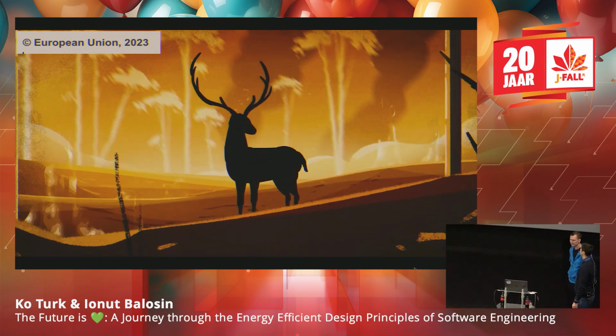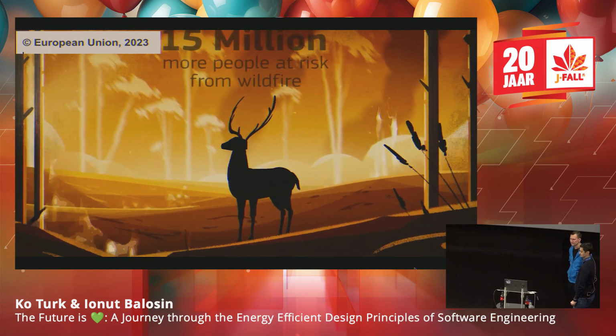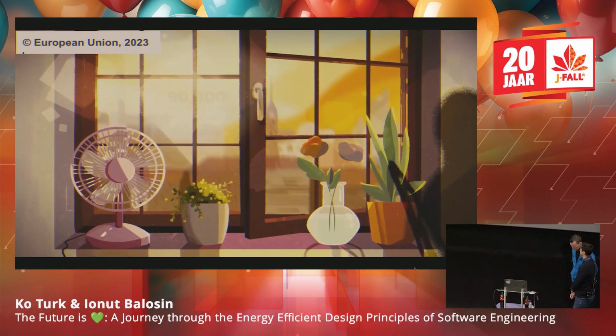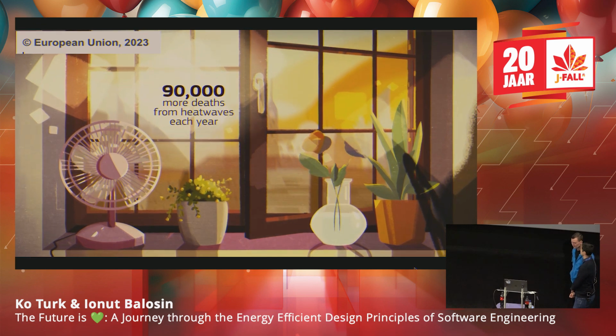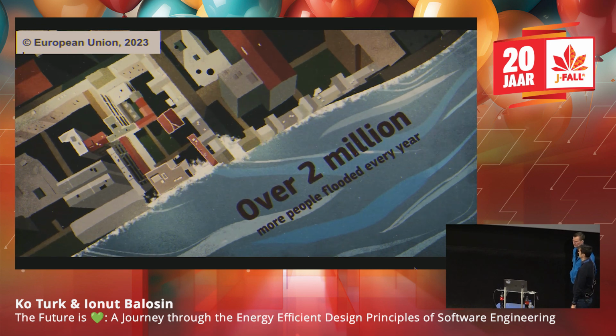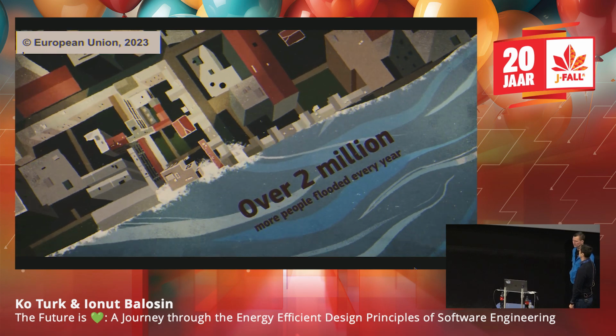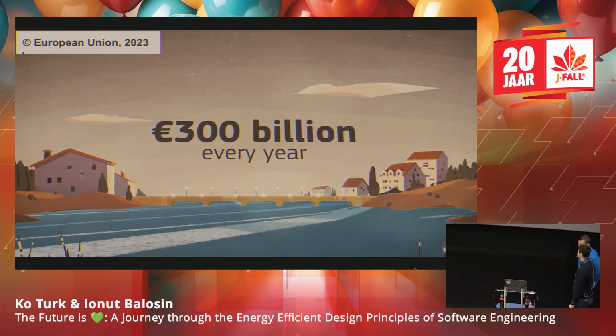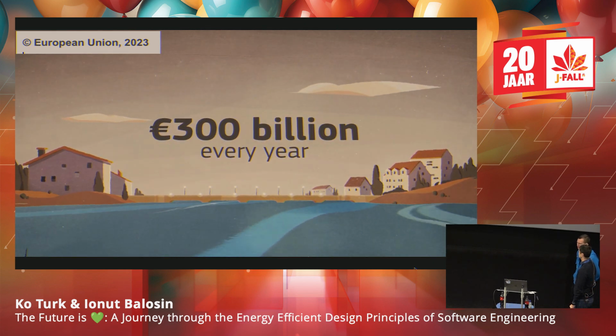Each year, an additional 15 million people will be exposed to high wildfire danger. Heat waves will cause 90,000 more deaths every year than now. Over 2 million more people will be flooded in coastal areas and river floodplains, while annual flood damages will rise to 300 billion euros.